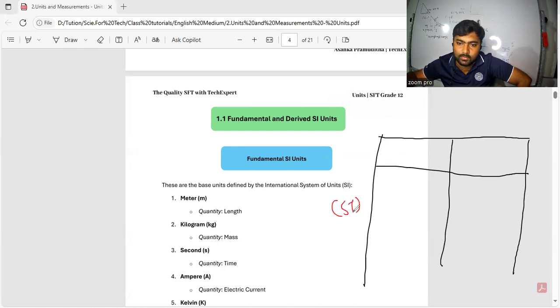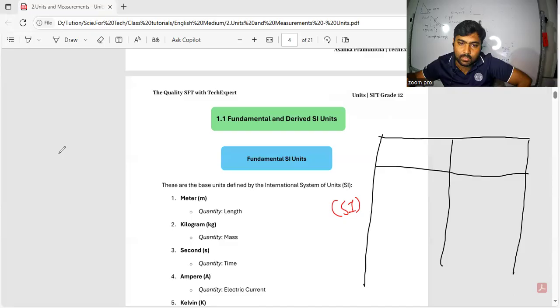You can write SI unit. So can you repeat that sentence?